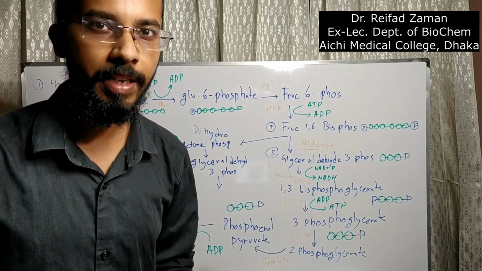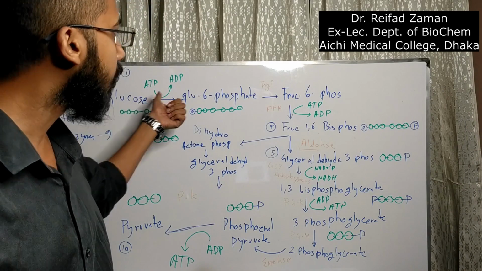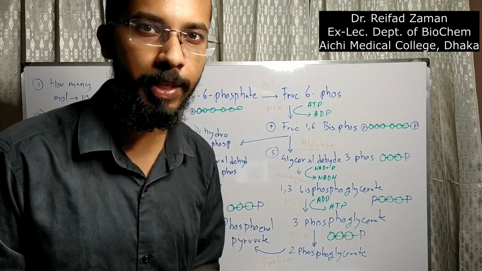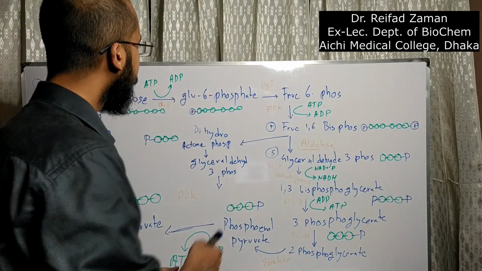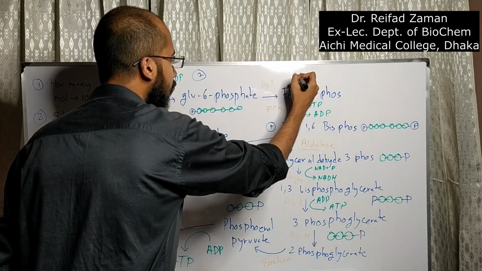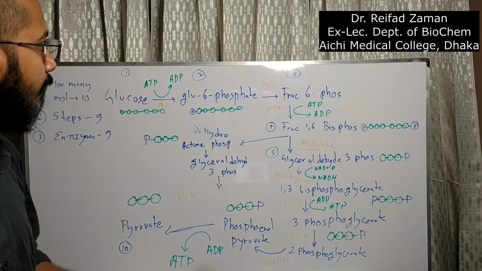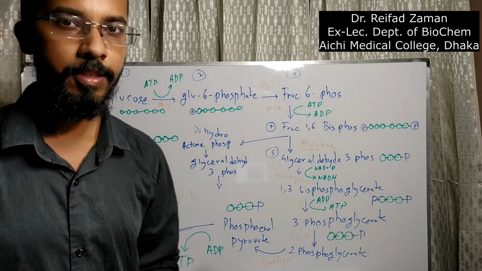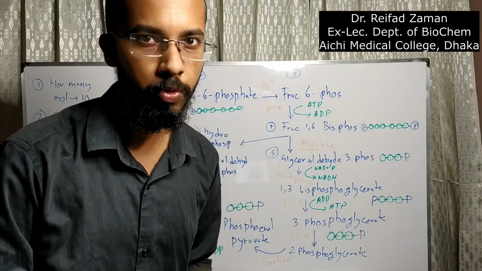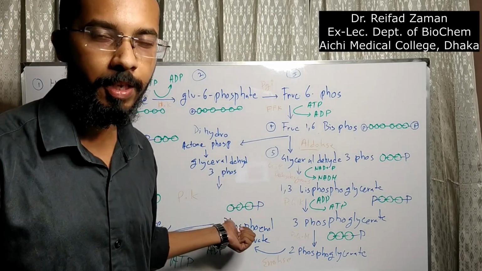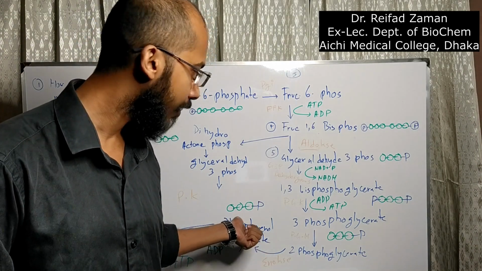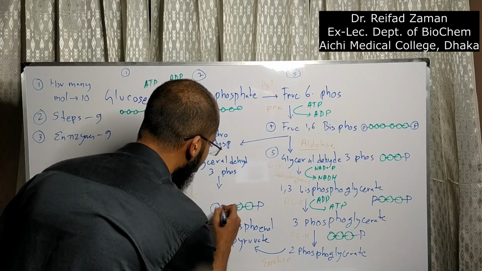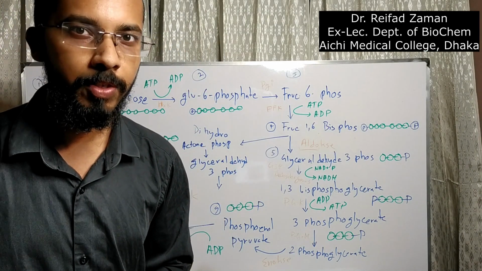My analysis is that if you can remember the names glucose and fructose 1,6-bisphosphate, you will also be easily able to remember these 2 names. So that gets done with number 2 and number 3. So now we have memorized 1, 2, 3, 4, 5 and 6 molecules. Only 4 more to go. Now pyruvate comes from another pyruvate, which is phosphoenol pyruvate. So we have also memorized the name of number 9. 3 more to go.